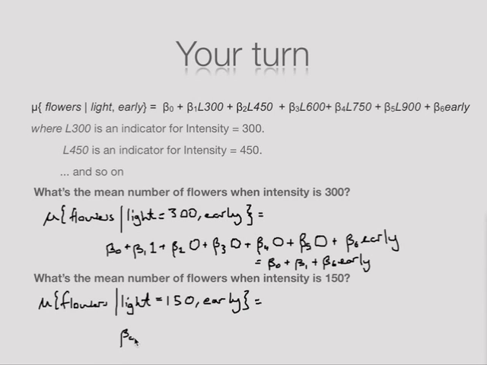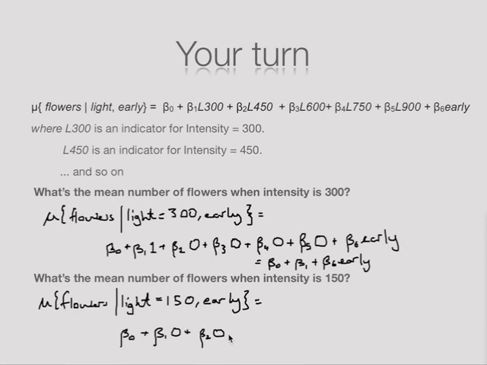Similarly, we get started with a beta 0 plus beta 1 times the indicator that the intensity is 300. Well, it wasn't 300, so we're going to have a beta 1 times 0 plus. And similarly for all the other indicator variables, we're not talking about something that received an intensity of 450, that'll be 0, 600 will be 0, the 750 indicator will be 0, and the 900 indicator variable would be 0.